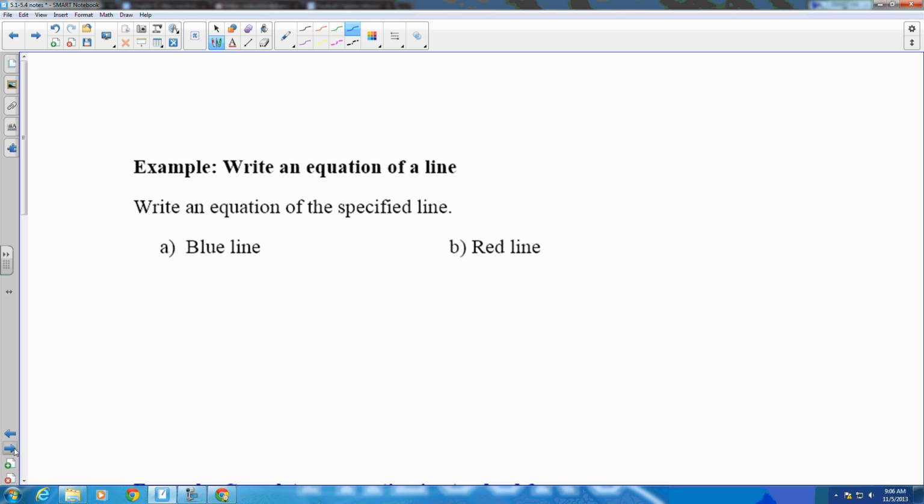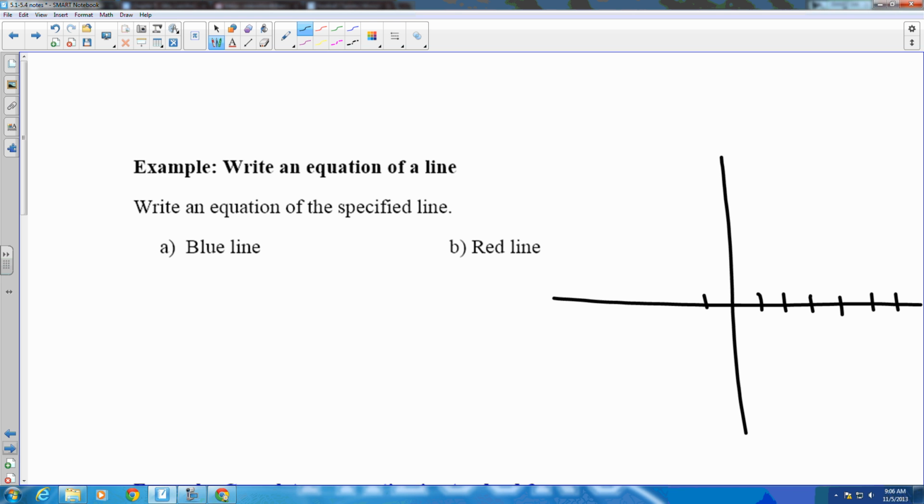Write an equation of a specified line. Well, let's not use blue for the axes. I'm going to use black. All right, so the blue line looks like that, only it actually goes through this point.